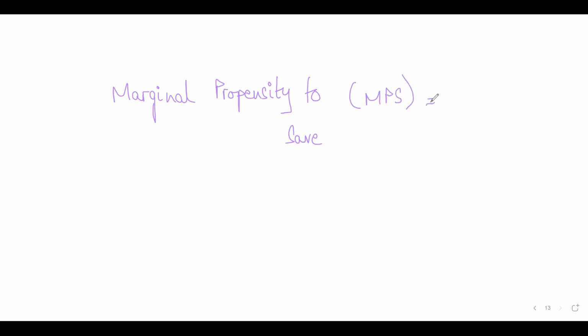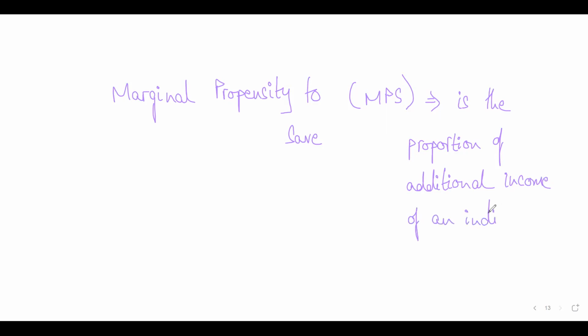Now, what is this? Marginal propensity to save is the proportion of additional income of an individual which is saved.